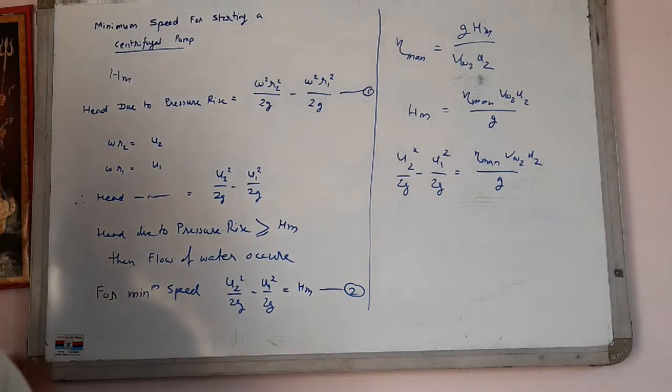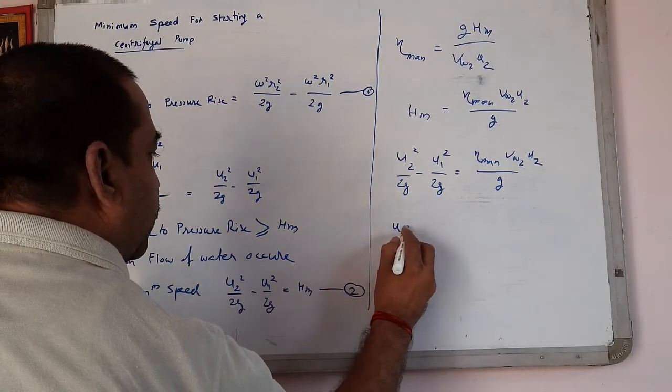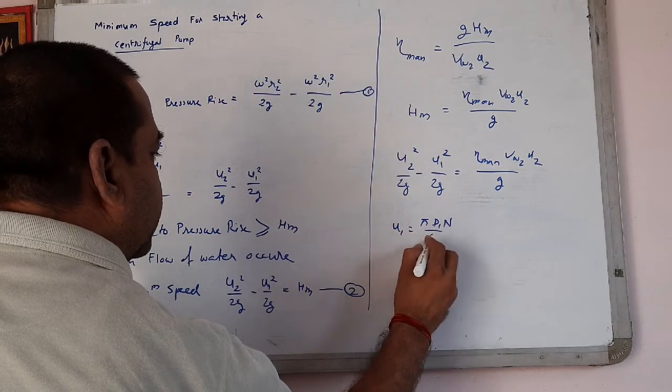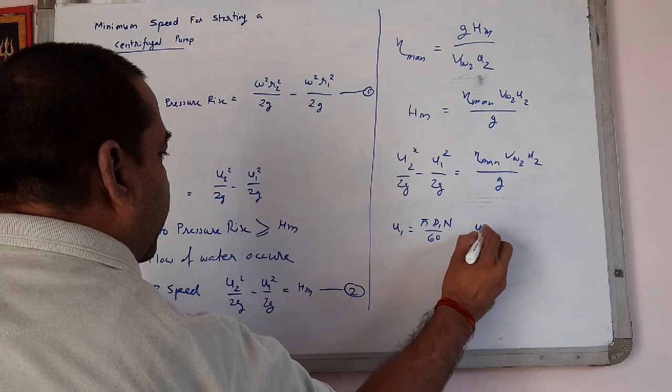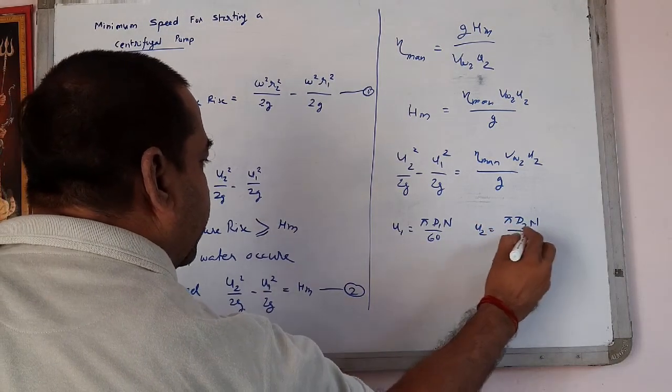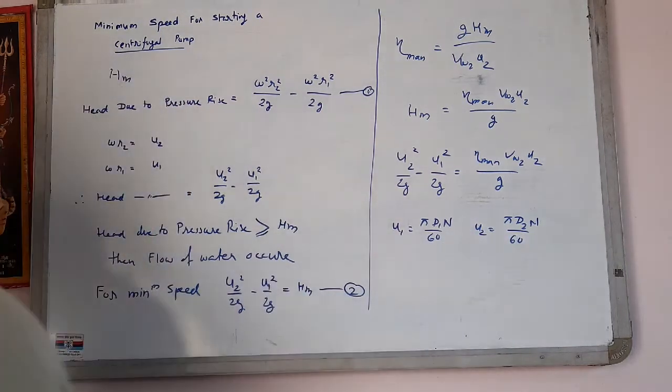Now, as we know, U1 equal to pi D1 N by 60 and U2 equal to pi D2 N by 60.